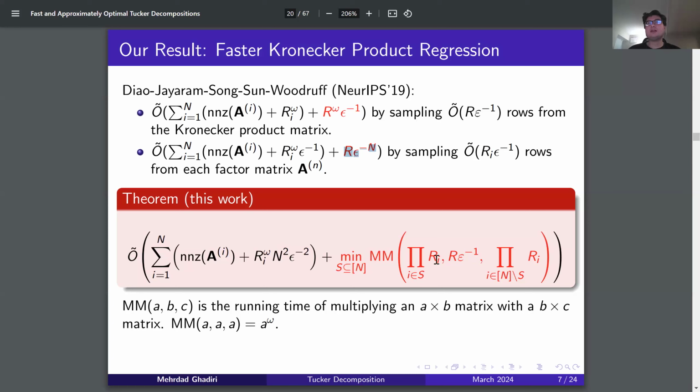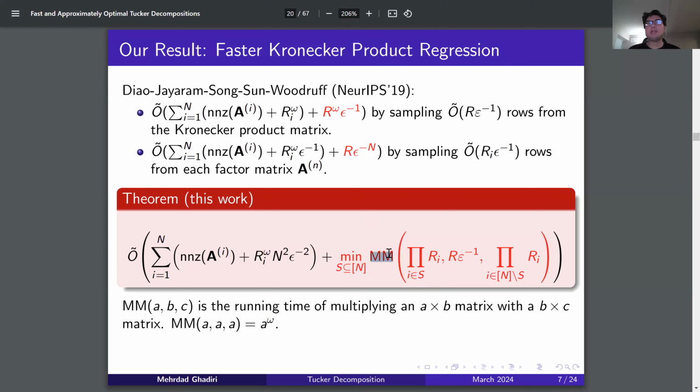And these are breaking R into two separate parts. I divide the dimensions into a set S and its complement, and I take the product of the size of the columns in set S and in the complement.